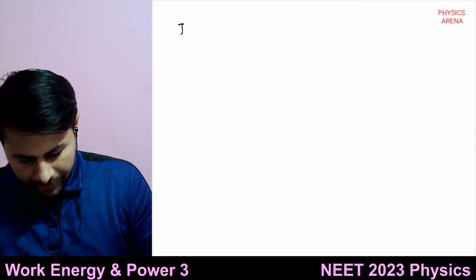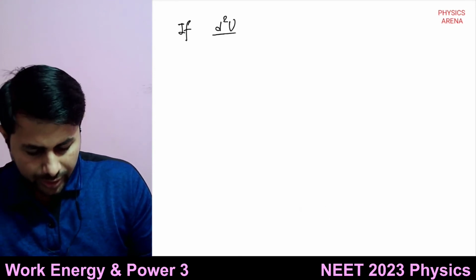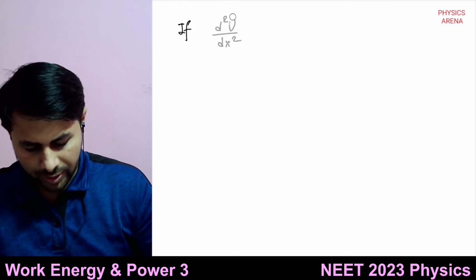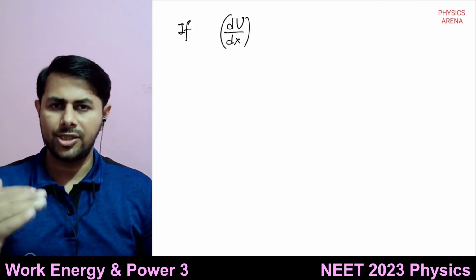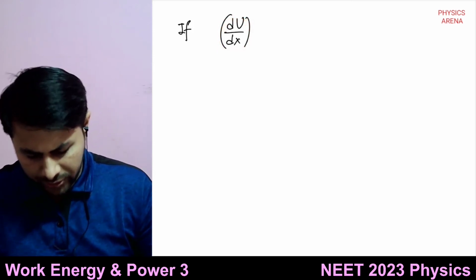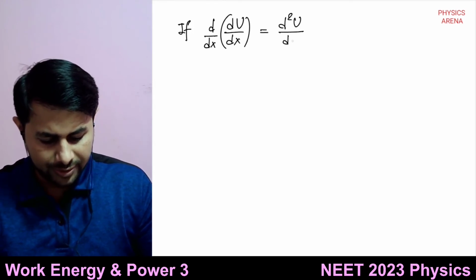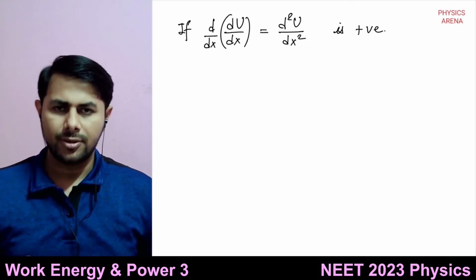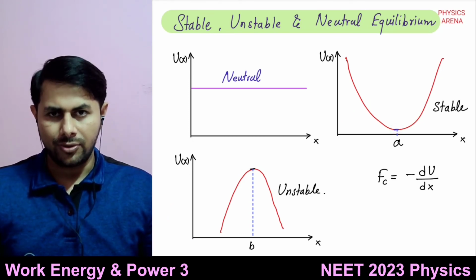So the slope is du by dx, the change in u with respect to x, and you want the change in this slope, so you take one more derivative, d by dx. That is d2u by dx square. So if the second derivative is positive, that means you are at the minimum point of the function.